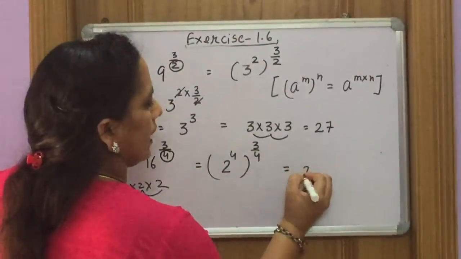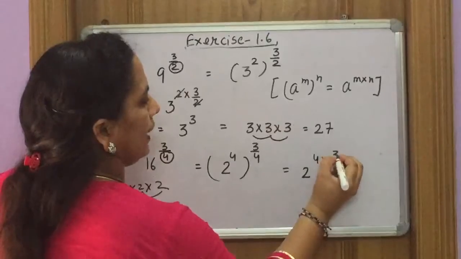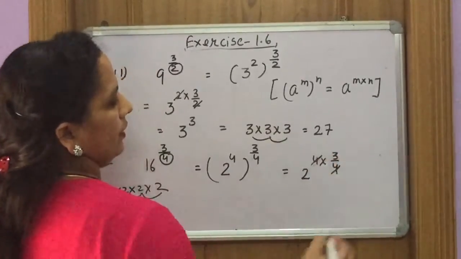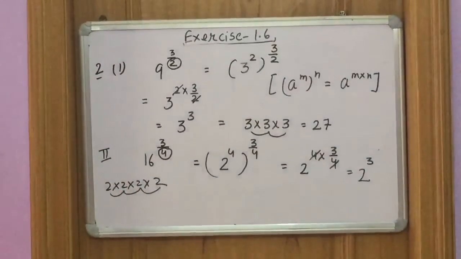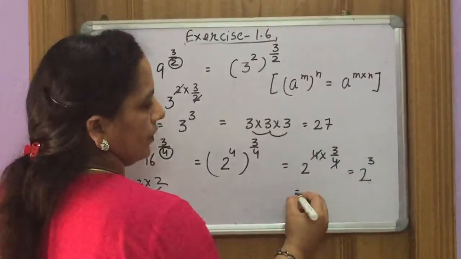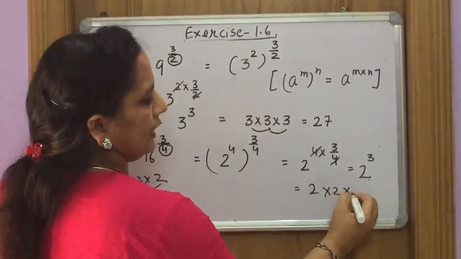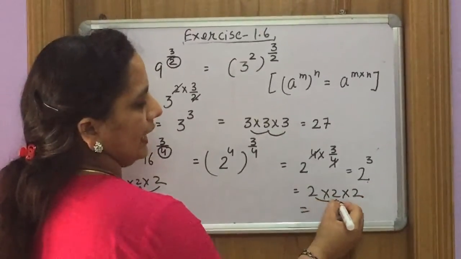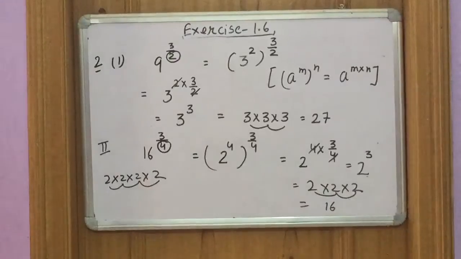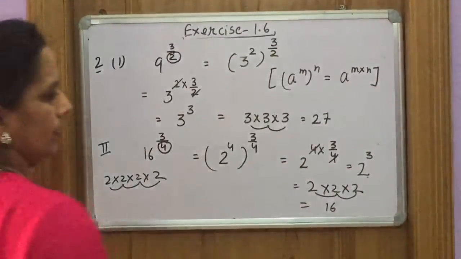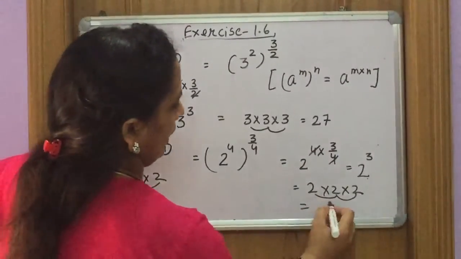Next step will be remove the bracket, then we will get 2 raised to power 3. Now solve this term. We can write 2 3 times and 2 2s are 4, 4 2s are 8. So this is our final answer, 8.